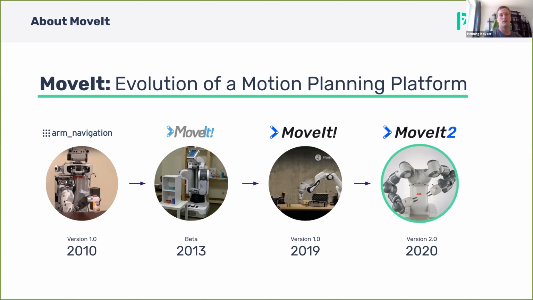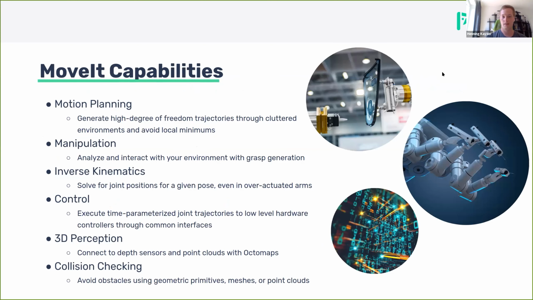Looking at the tool set that MoveIt provides, you could say that MoveIt is pretty much an aggregation framework for all of the different parts that you want to use in a robot system. So you can do motion planning, manipulation, IK, controlling, 3D perception, collision checking, and all of these parts are extendable.